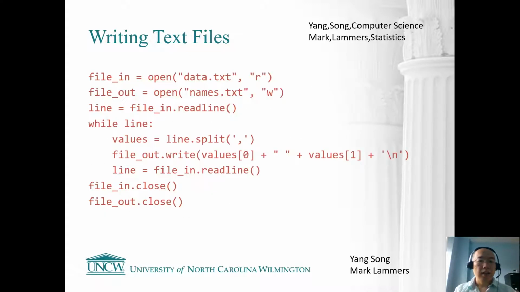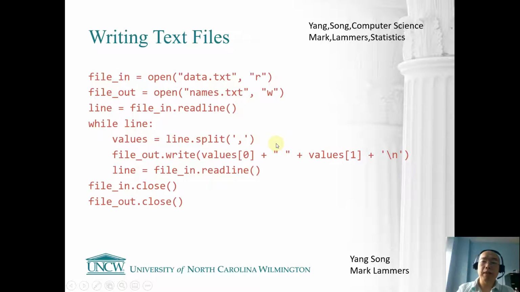Okay, and let's see a harder example. So for this file, this is the input file, and I'm reading this input file, and I'm also creating a file reference called file out. So I have a file in for the input and file out for the output. And for the output, I'm going to keep the names and drop the other information. So I'm reading a line from file in, and then I'm doing the split again.